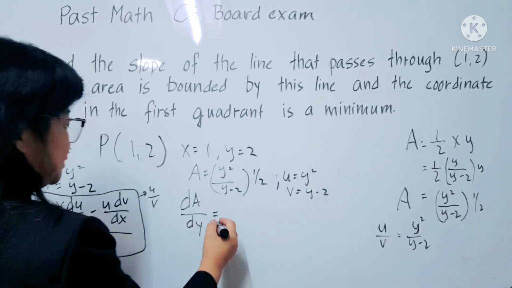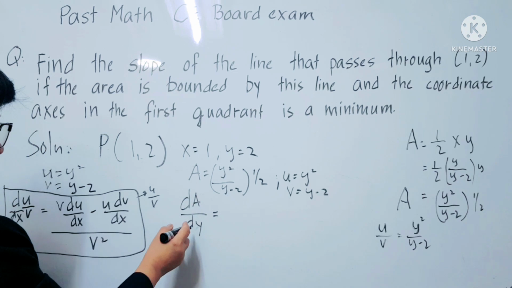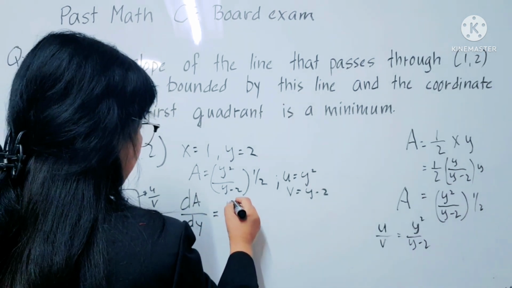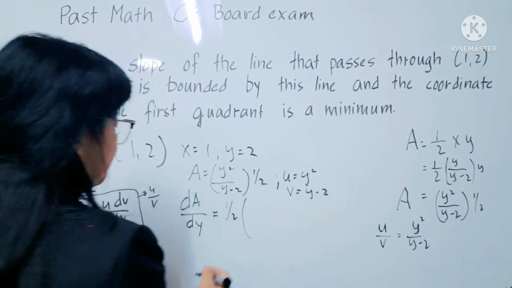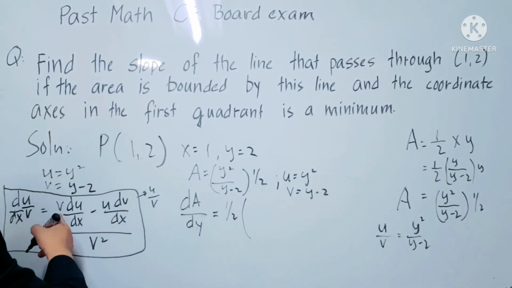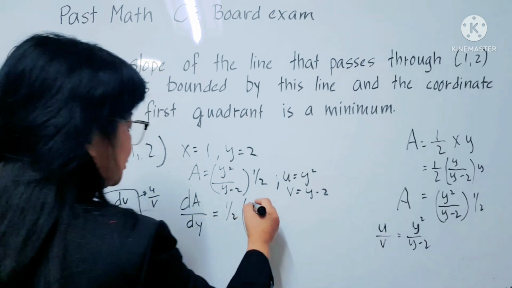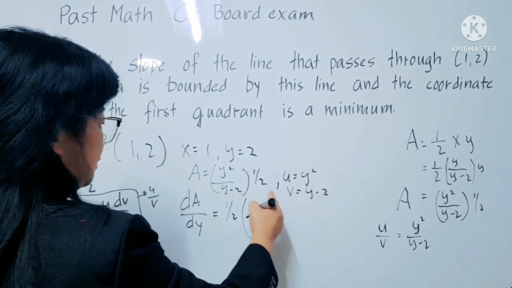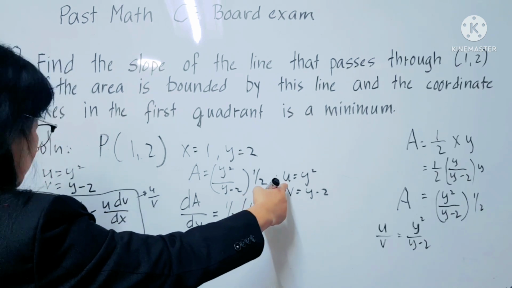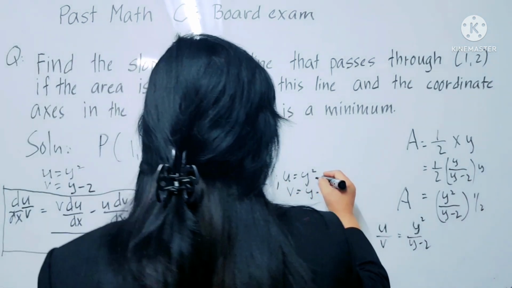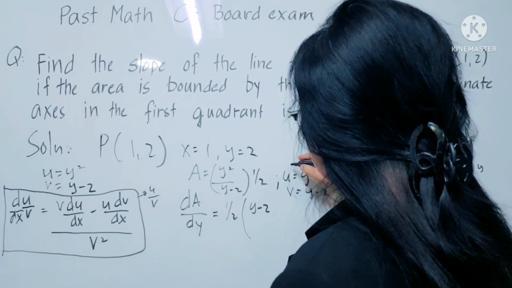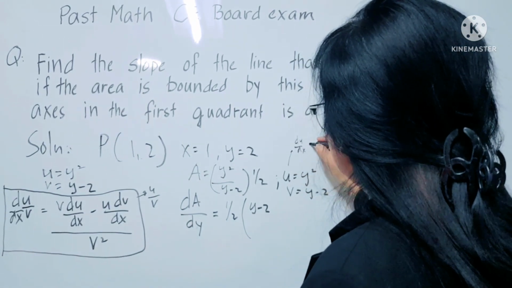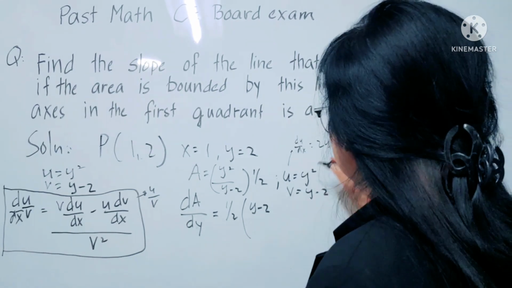Therefore, if we substitute this, the derivative of area with respect to y is equal to 1/2 multiplied by v. What is v? It is y minus 2. The derivative of u, du, is equal to 2y.